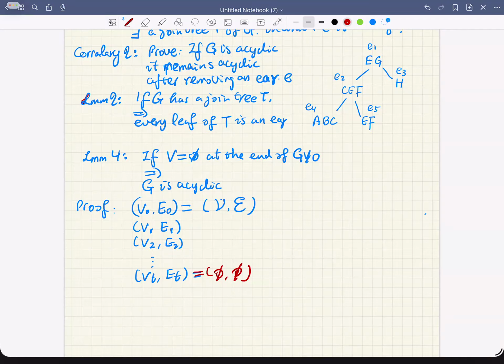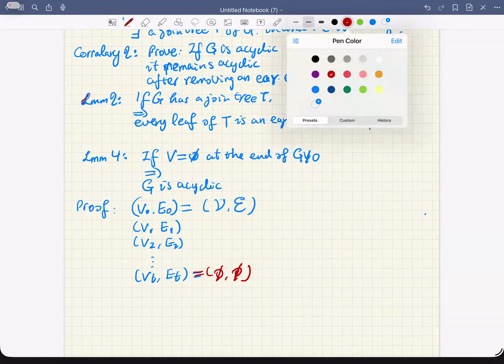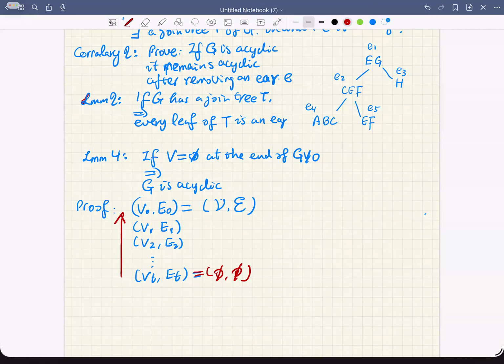Very nice. So I want you to prove V0, E0 is acyclic. We will apply an inductive argument. We're going to go backward. That's what I mean. We're going to go backward. You can see the last one is trivially acyclic.